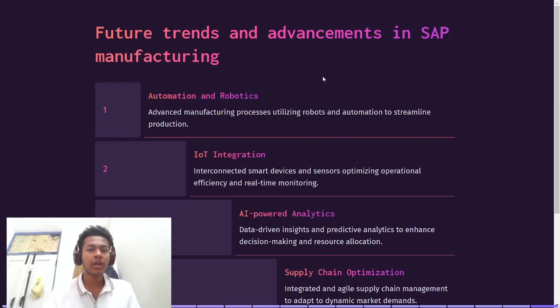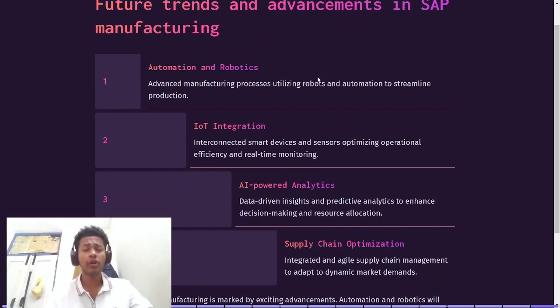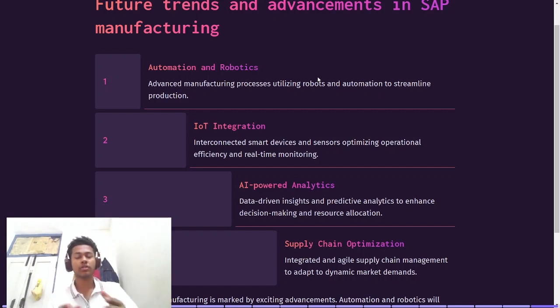Automation and robotics is where you are going to automate everything. IoT integration. The difference between automation and robotics and IoT integration is that IoT integration is interconnected things. So Internet of Things: one device is connected to another device, which will then coordinate between the devices themselves, and they will be connected to a home network, so that it can record all the data that is going on.